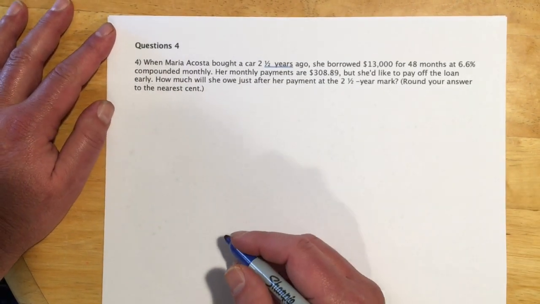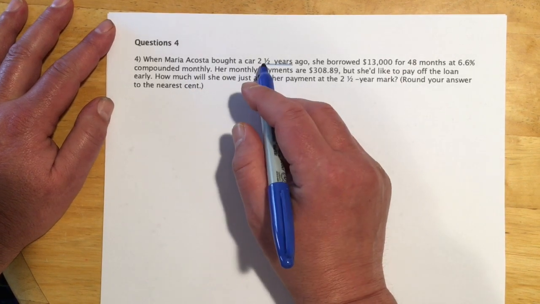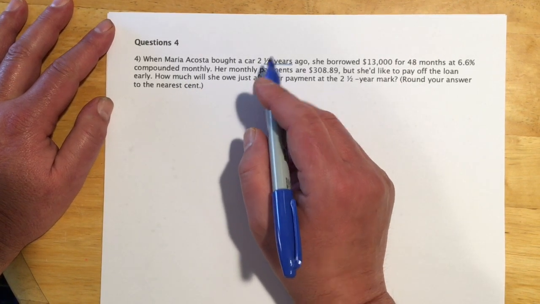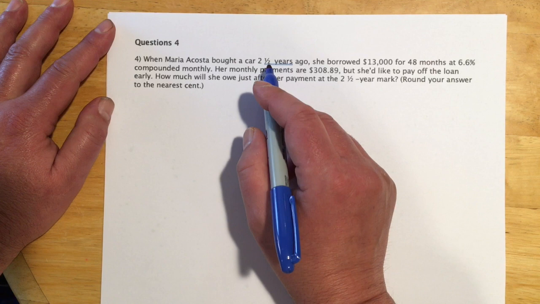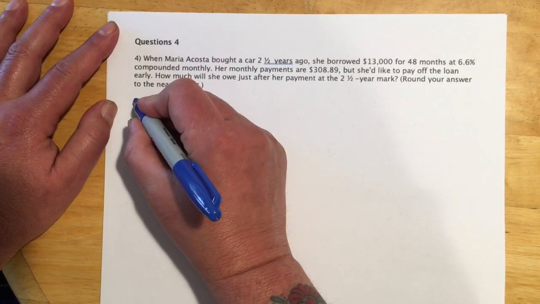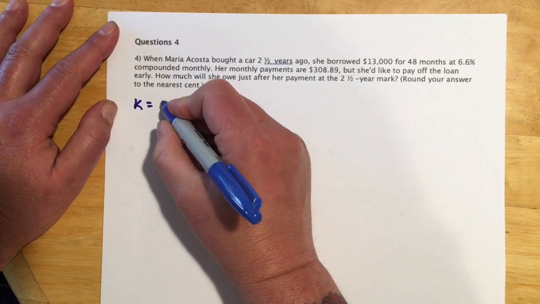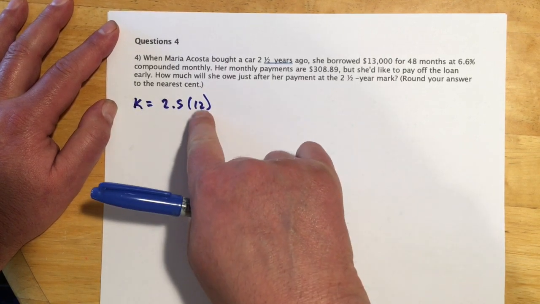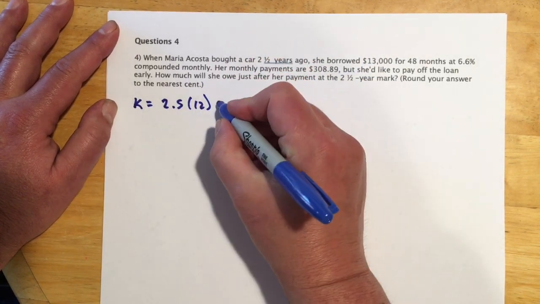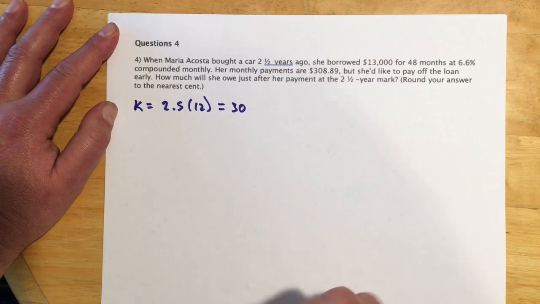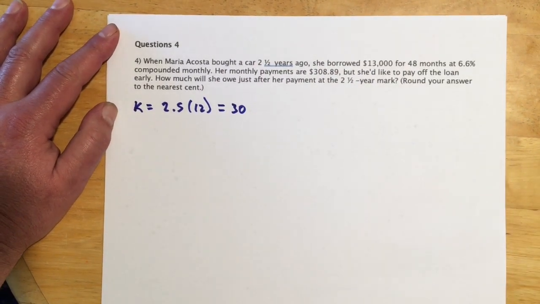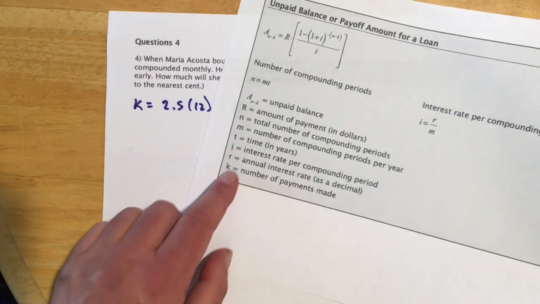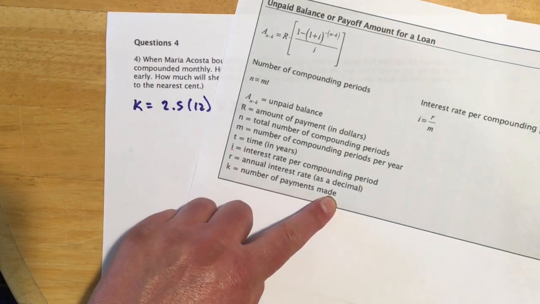Okay, so the 2.5 years ago, she's been making payments for 2.5 years. So this is going to be our K, 2.5 times 12, because 12 payments a year, 2.5 years. That means so far she's made 30 payments. And again, remember that K is the number of payments already made.